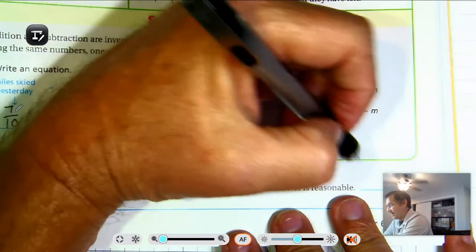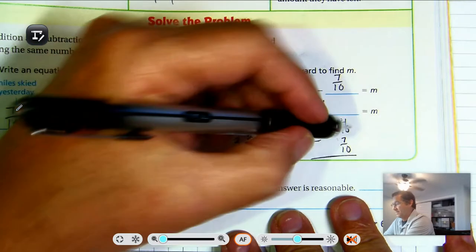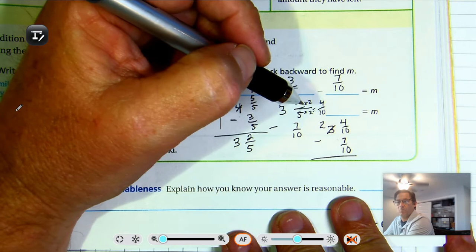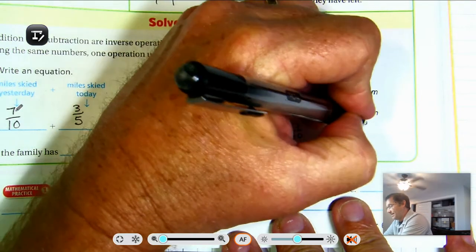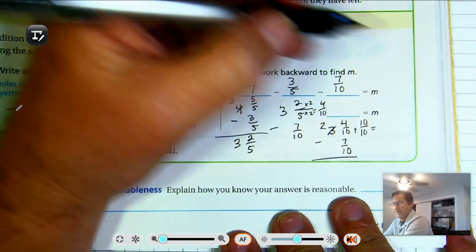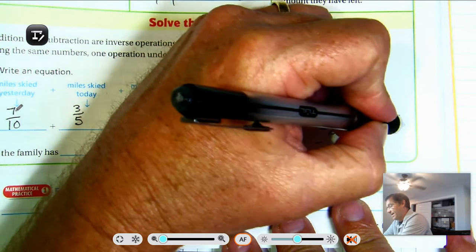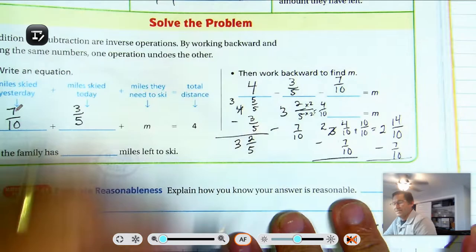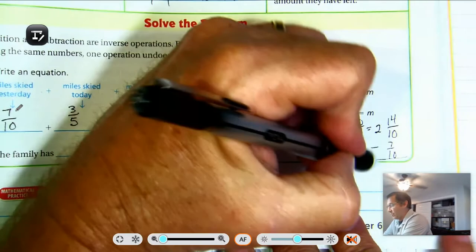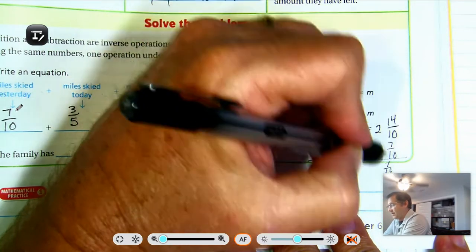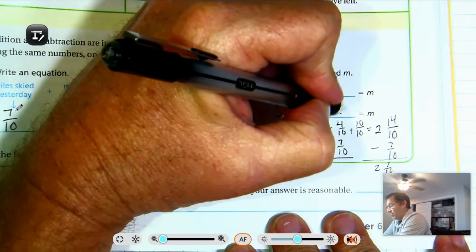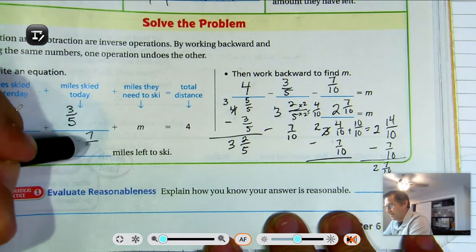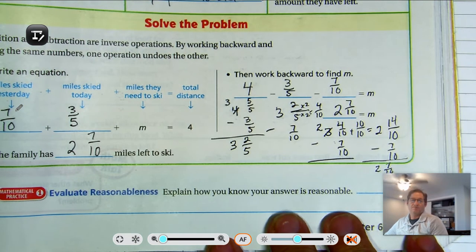Well, we can't take 7/10 from 4/10, so we'll have to rename the 3 wholes as 2 wholes and add 10/10 to the 4/10. That'll leave us with 2 and 14/10 minus 7/10. 14 take away 7 is 7/10. 2 take away nothing is 2. So our unknown distance is 2 and 7/10 miles.